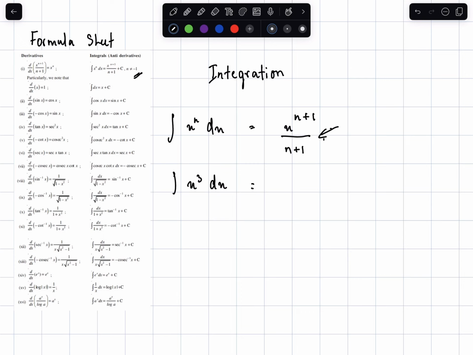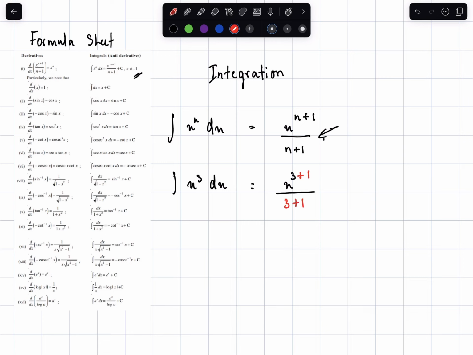Follow the formula as it is, or you can just imagine adding 1 to the power 3, sorry. So 3 plus 1, okay, so that's the change we made, divided by, again, 3 plus 1.